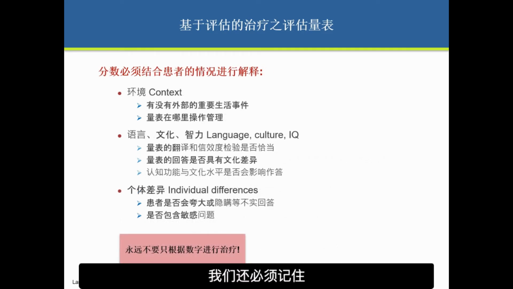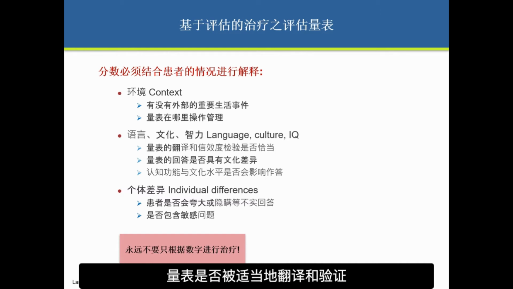We also have to remember that scores cannot be considered just in isolation, that they have to be interpreted within the patient's context. So, for example, are there external life events that might be temporarily increasing scores? We need to consider whether there are language, cultural, and cognitive changes that might interfere with evaluating the score.